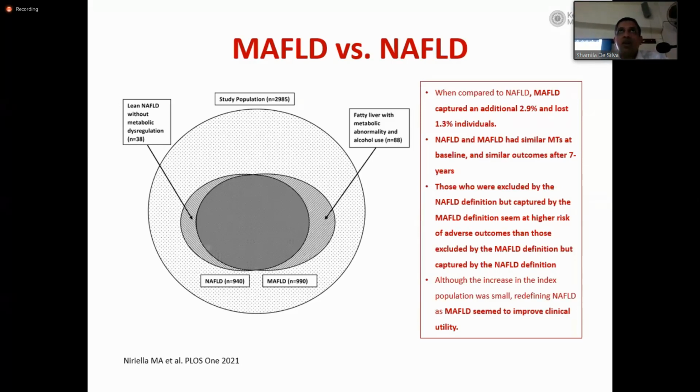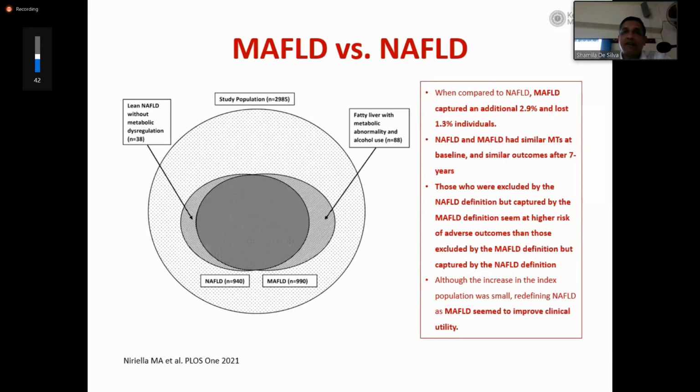So it's important that we do not miss these patients, because if we intervene and correct their metabolic traits, we prevent cardiovascular death and outcome. Therefore, we feel that MAFLD seems to improve clinical utility when applied to a community population like ours.